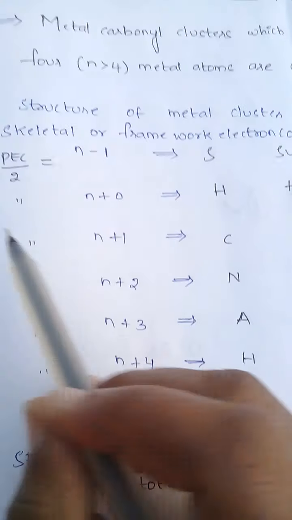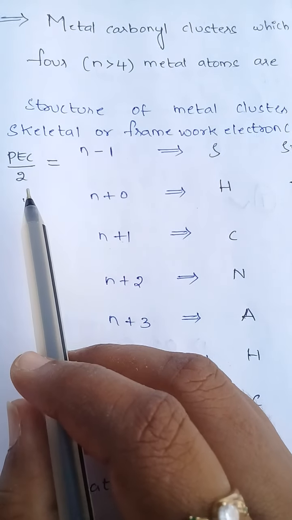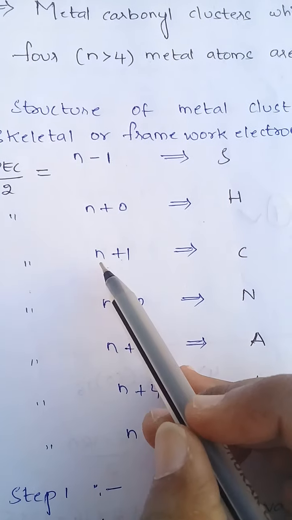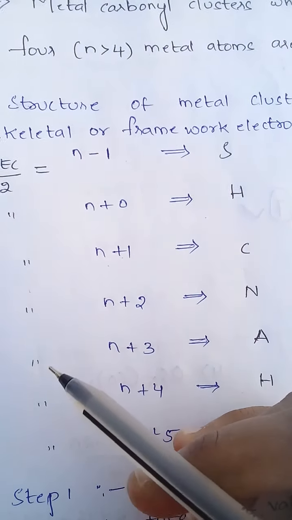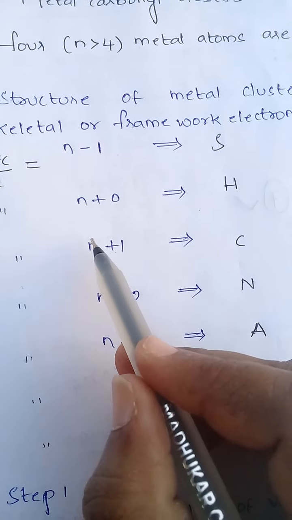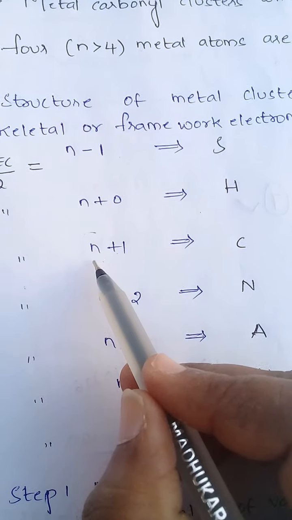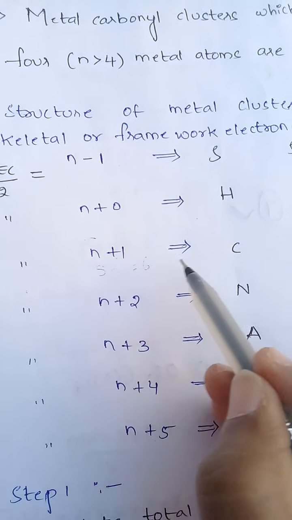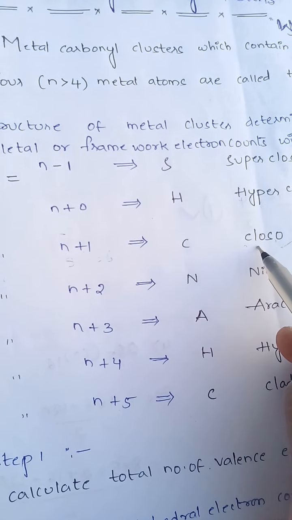How many electrons we get for polyhedral electron count by 2? 6. And how many metal atoms are having for the Os5(CO)16 cluster? 5 osmiums. So in the place of n we are adding metal atoms. So 5 plus 1 equal to 6. So the structure is closo.